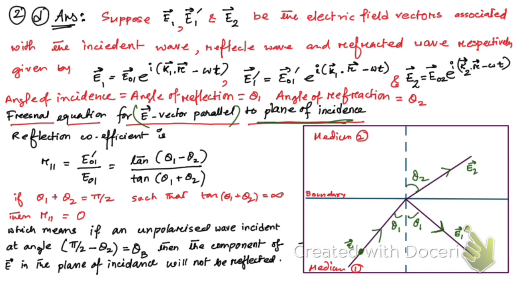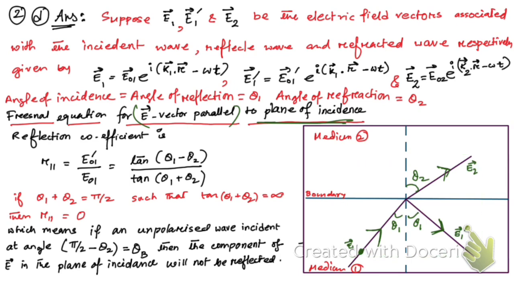Parallel to the plane of incidence means the parallel component of the electric field. Now you see the plane on which these all three waves lie, incident, reflected and refracted, as well as the normal, must all be on the same plane, and that plane is known as the plane of incidence.